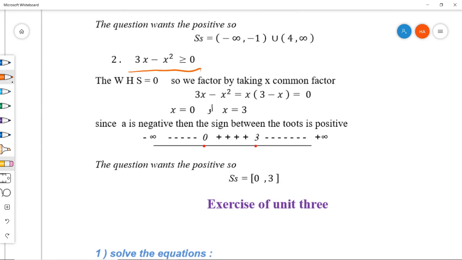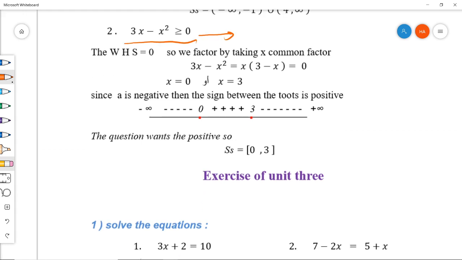Now we want to solve this question. The right hand side is 0. So we factor the quadratic expression. How? Here we can factor it by taking x common factor like this.